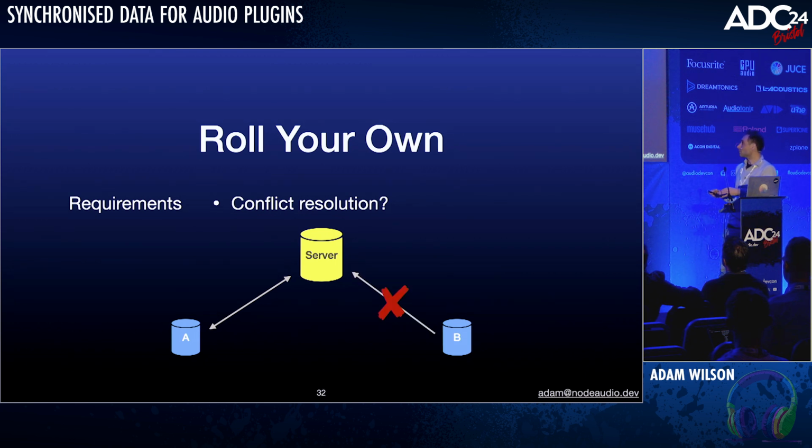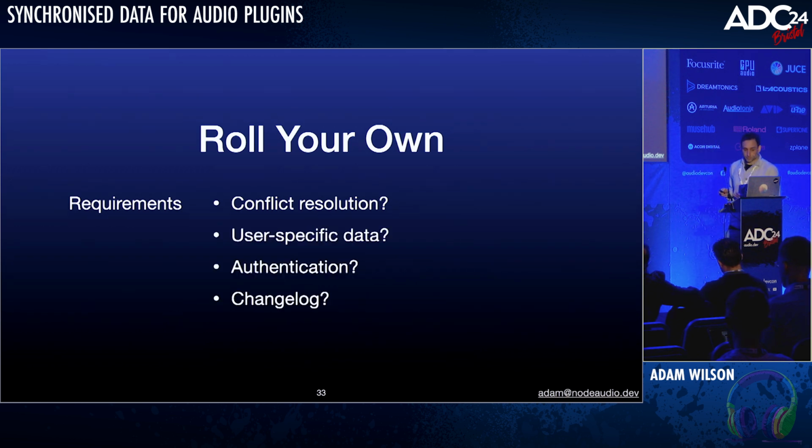Then device B tries to synchronize and it doesn't work because the things don't match. There's a conflict. So there are various ways to resolve this. You can take a simple approach of like the most recent one wins, or you can ask your user. So that's probably one of the harder problems to solve in this area.